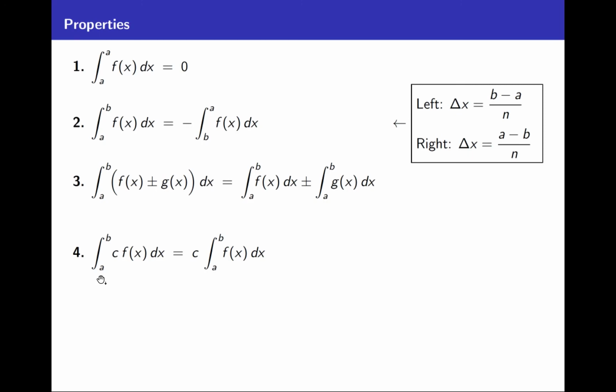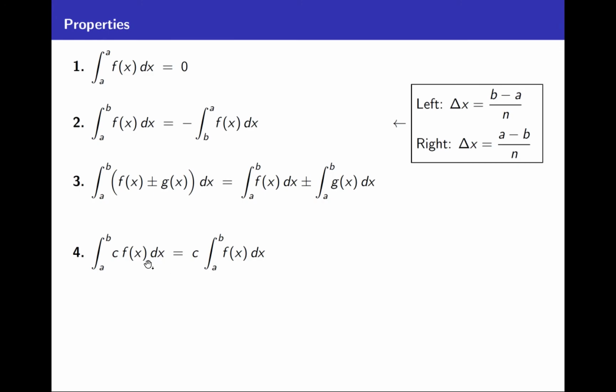Also, we have a constant multiple rule. The integral from a to b of c f of x dx equals c times the integral from a to b of f of x dx. In other words, that constant c can factor out of the front and come out like this.